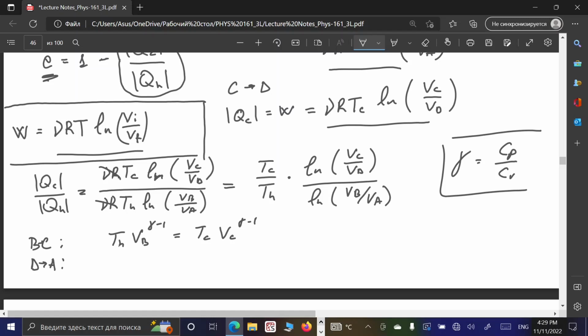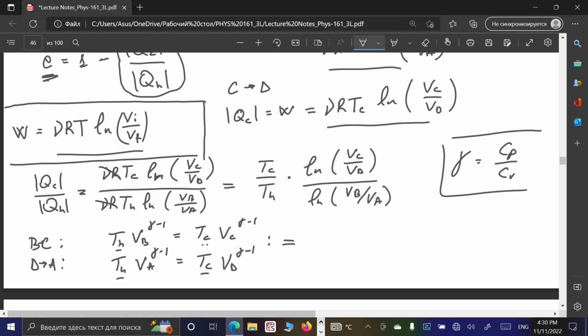So for the process dA, we can write Th times Va to the power gamma minus 1 is equal to Tc times Vd to the power gamma minus 1. So now what we do, we divide the first equation by the second equation, so that you see Th and Tc cancel out.